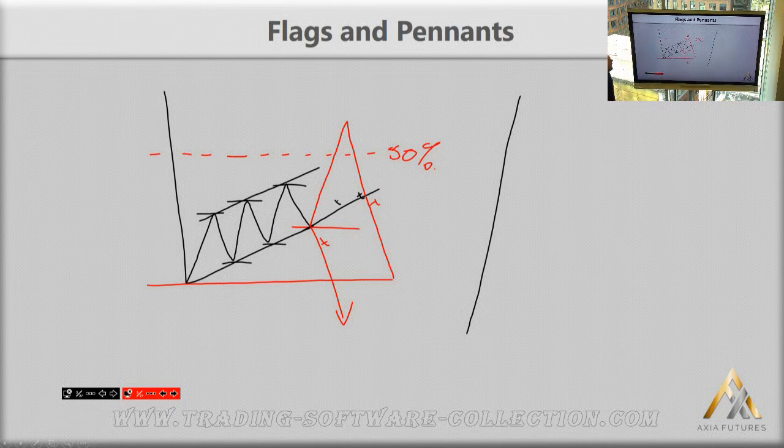In terms of target, your target is going to be the height of the pole. And there's two ways of doing the target, well, there's three ways of doing the target. You can add it on to either the break, the top of the most recent swing, so there, or this break here.